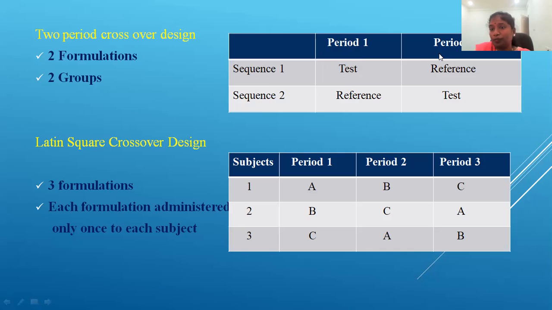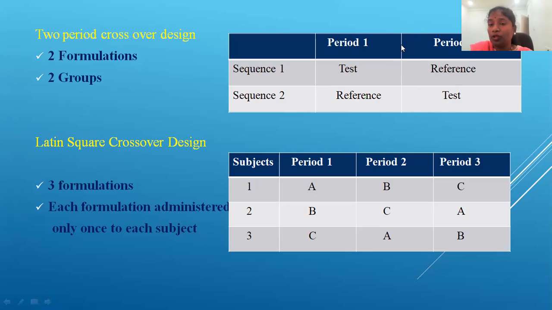Next period, for example, if you are giving at 11 o'clock, then group 1 gets the reference and group 2 gets the test. In between these periods there will be a washout period.